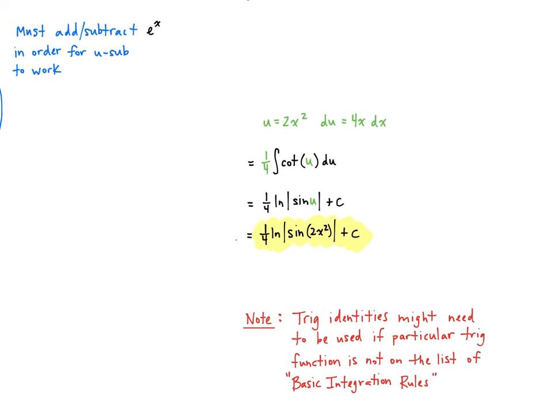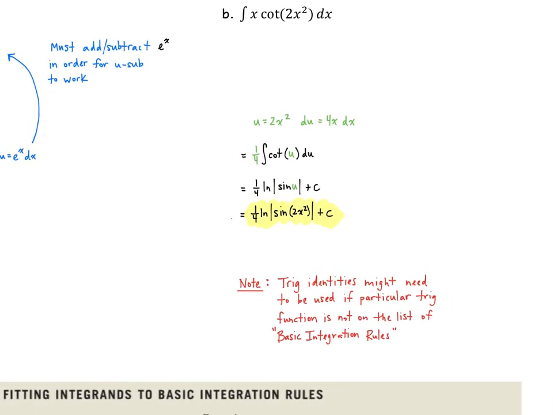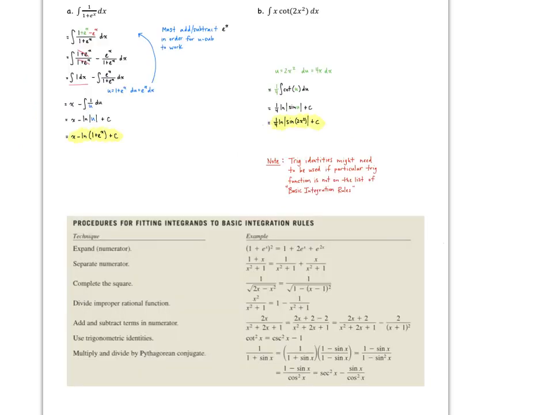And one thing I want to note is that trig identities might need to be used if a particular trig function is not on the list of those basic integration rules. So that takes us to the very bottom, all right, of those integration rules.